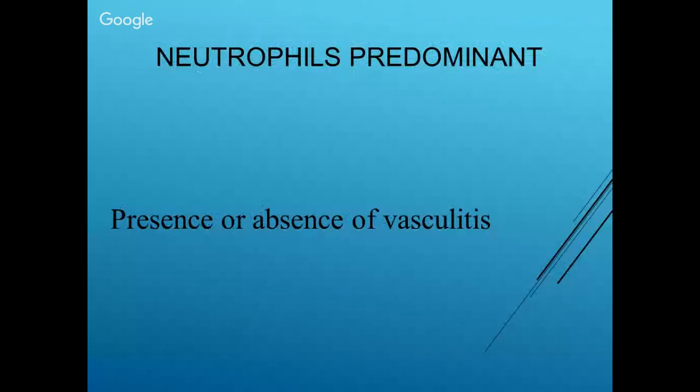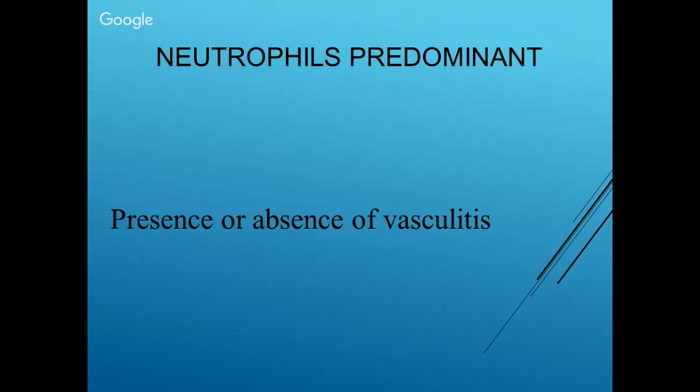So now if you see neutrophils, so now again you're dealing with perivascular inflammation, but now neutrophils are predominant. Instead of lymphocytes, you see a lot of neutrophils. So perivascular inflammation in the dermis, you go high power, and it's composed predominantly of neutrophils. So what is the next question you ask yourself actually? Do I see any vasculitis? So you go around the vessels and you look for vasculitis.